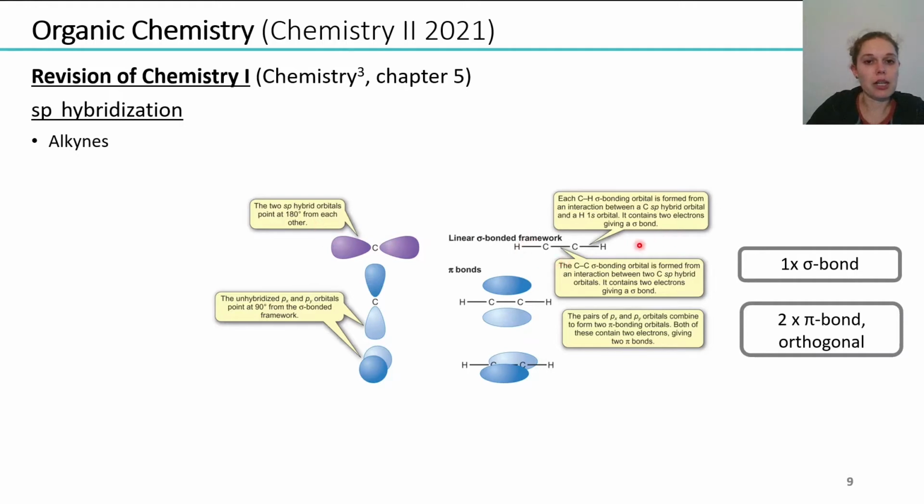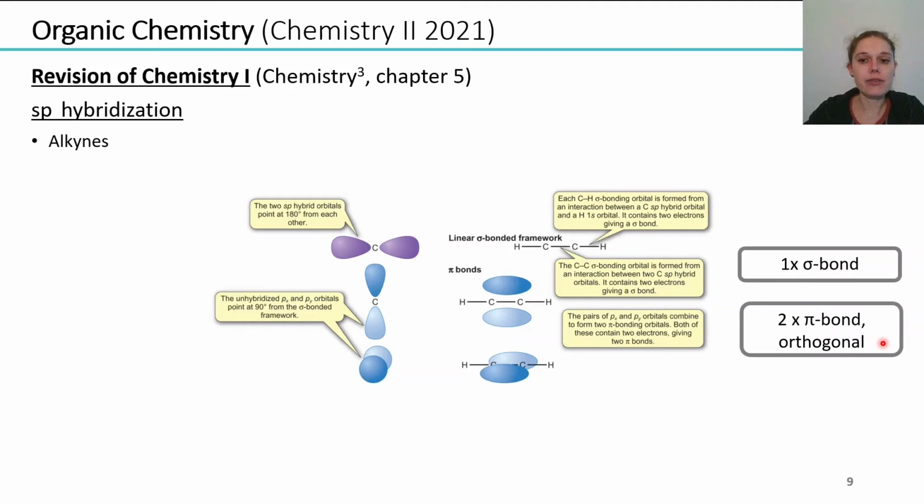this carbon-carbon sigma bond. And then the remaining sp hybrid orbital on each of the carbons then interacts with the hydrogen s orbital to give a carbon-hydrogen sigma bond on both sides.